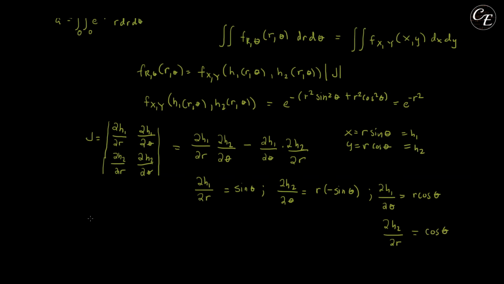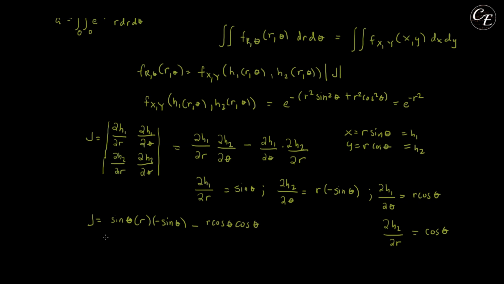Then our Jacobian is, this one is sine theta times this one, then minus this one times this one.